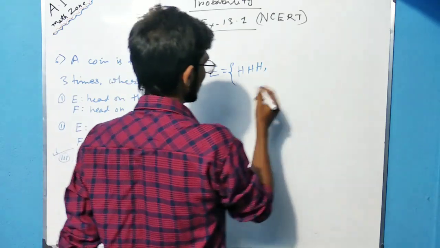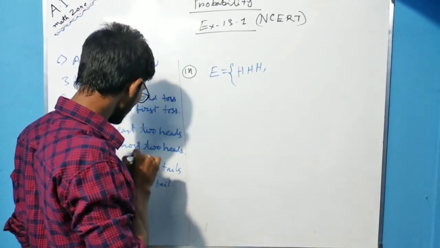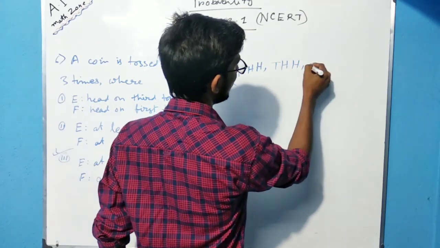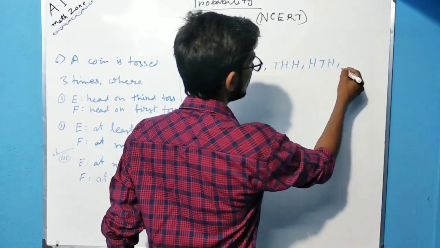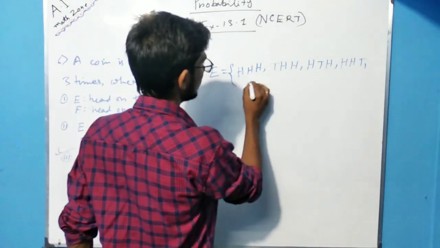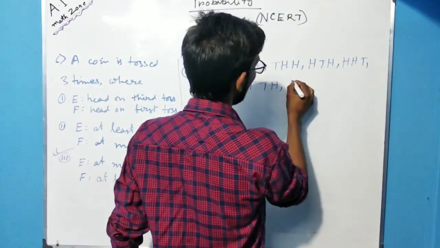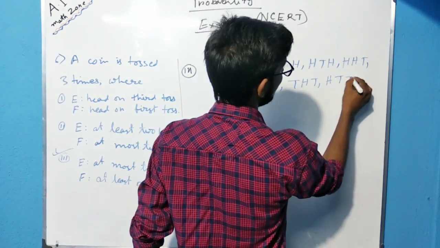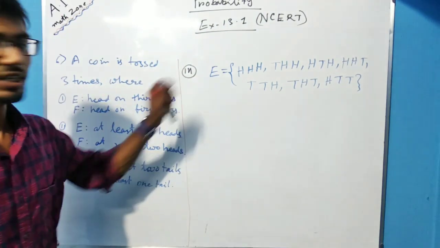Next, 1 tail: tail, head, head; head, tail, head; and head, head, tail. 2 tails: tail, tail, head; tail, head, tail; and head, tail, tail. So these are the elements for E.